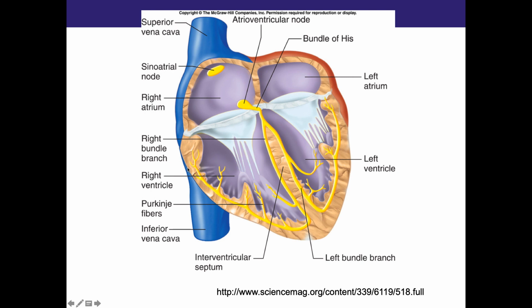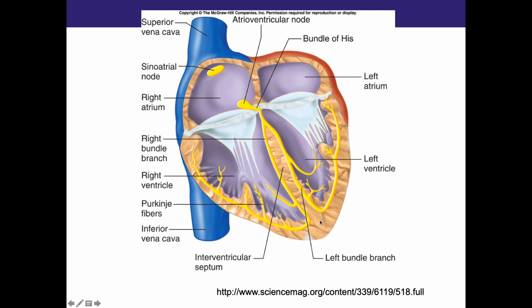So it slows down in the AV node, and then goes to the bundle of His, the left and right bundle branches, where it arrives at the apex of the heart, then sweeps up the Purkinje fibers, and then goes through the entire ventricular myocytes. Don't forget about that. It actually sweeps through the entire ventricle system, all the myocytes in the ventricle.